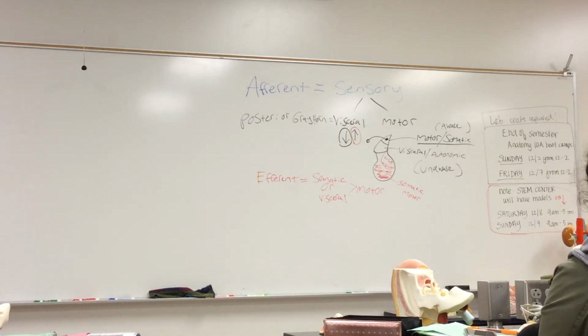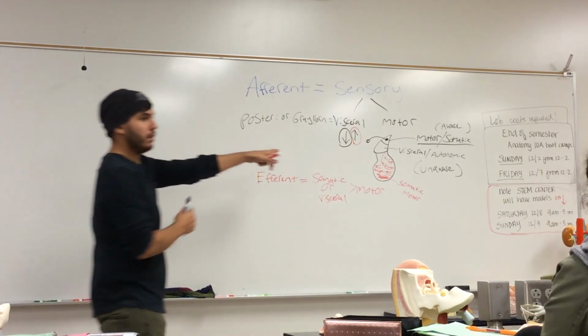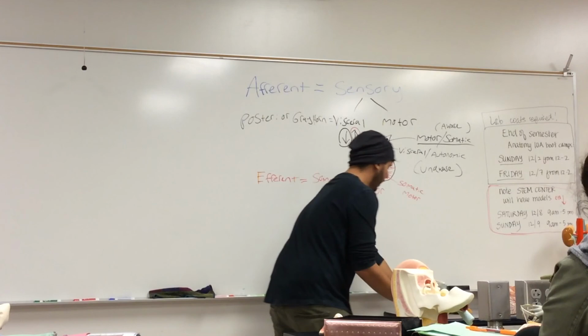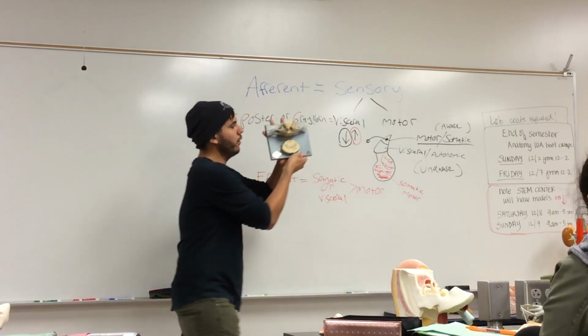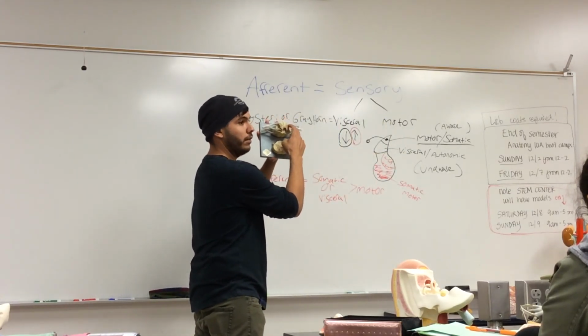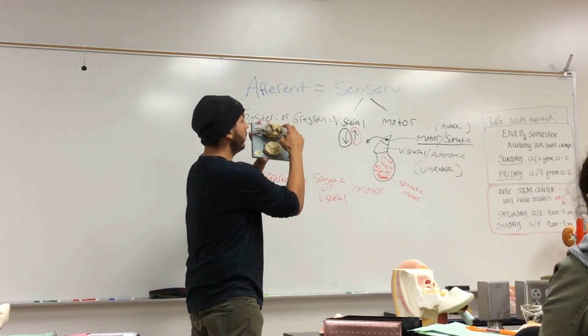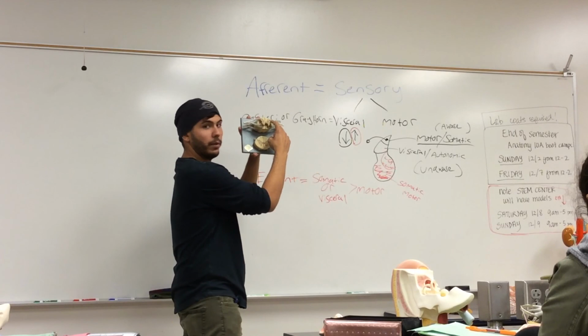Okay, now this is where it gets a little bit more confusing. The descending white matter column. So remember, if we're looking at it, we have the gray horn, right? We have the lateral gray horn. So we synapsed here for our somatic. Everybody following?